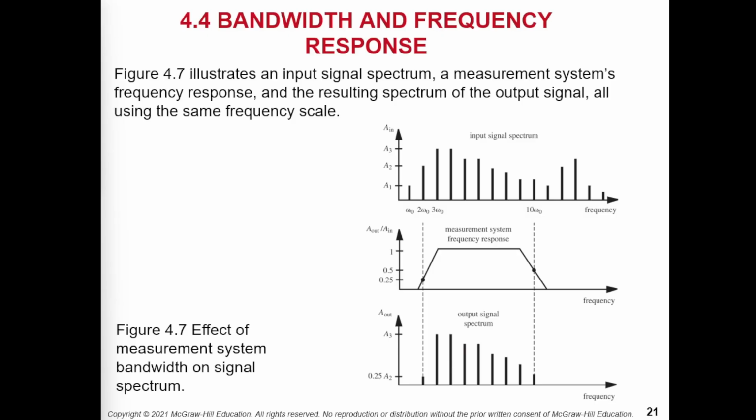So how to do that? Of course, you need to calculate the ratio first at each frequency. What frequencies are you interested in? You are interested in the fundamental frequency and also all the harmonic frequencies in your Fourier series. For example, for the second harmonic, 2 omega 0, the ratio is 0.25.